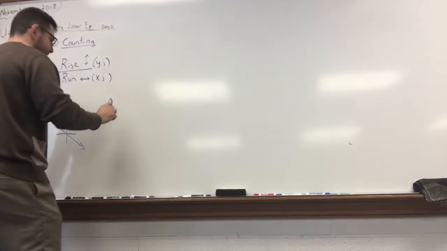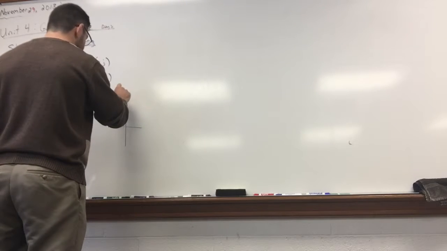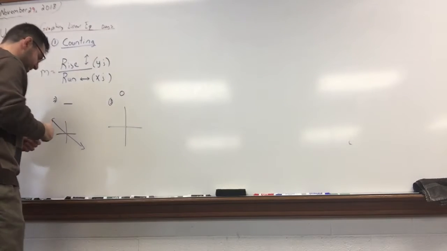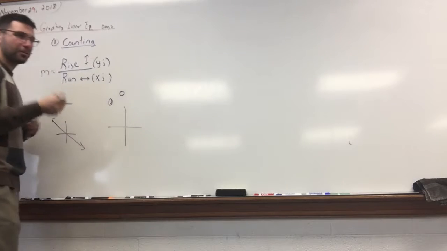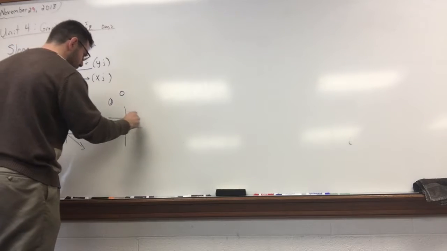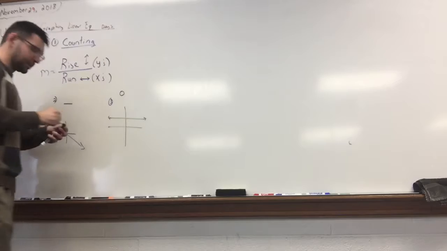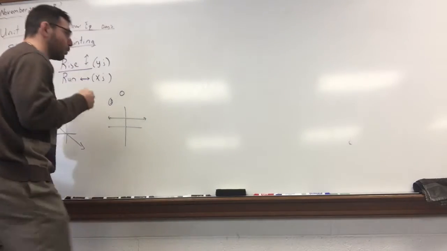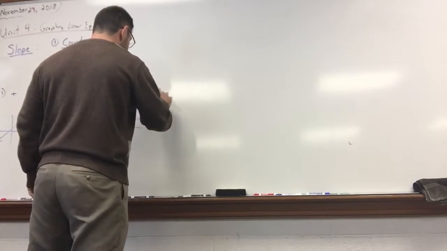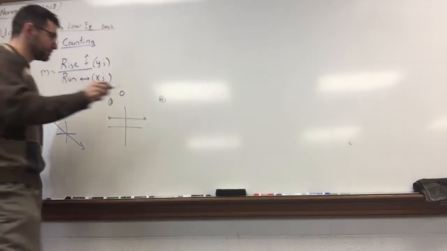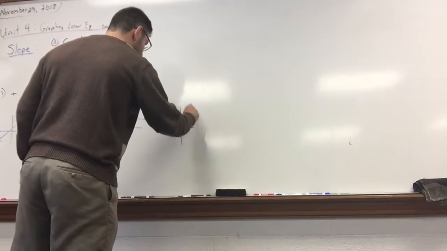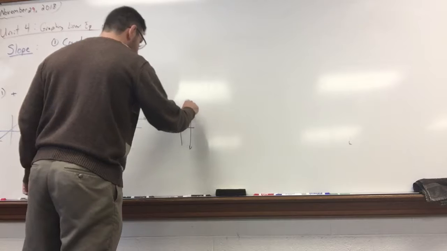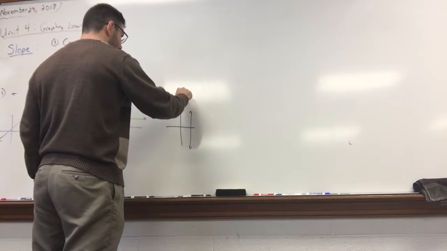You've heard me talk about them, but we haven't seen them. A zero slope goes horizontally. We're going to see these today, and I'm going to try to explain why. And then the most confusing, even for mathematicians, is the one that goes vertically. This is called undefined.